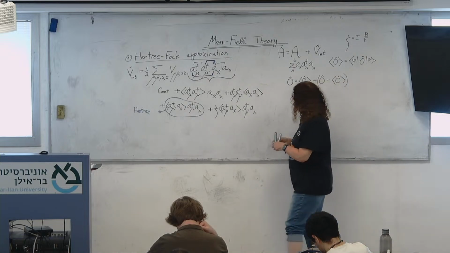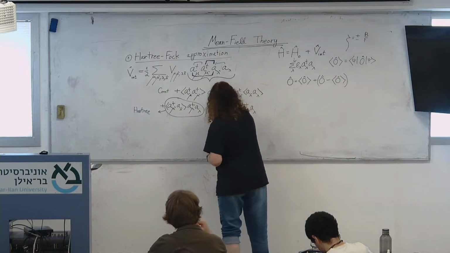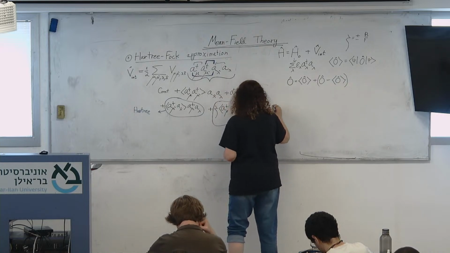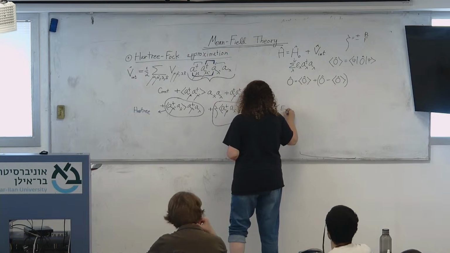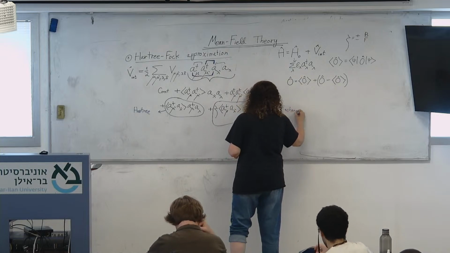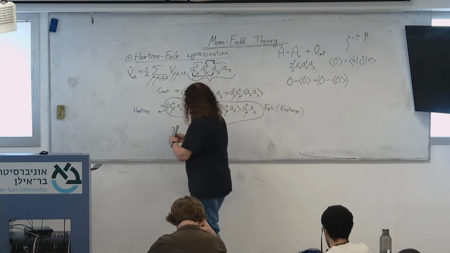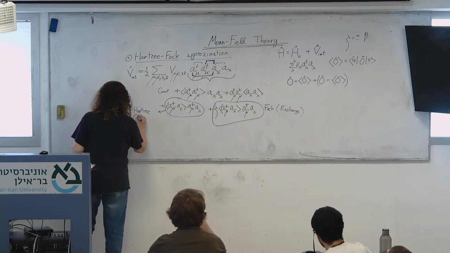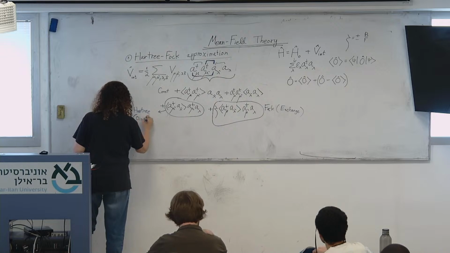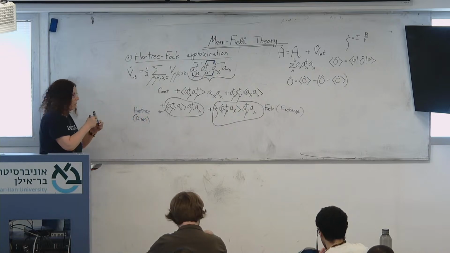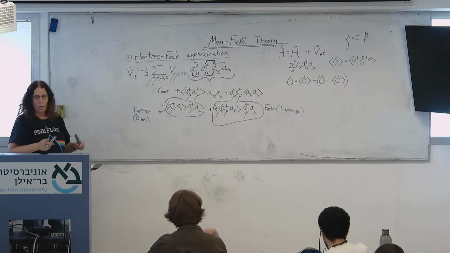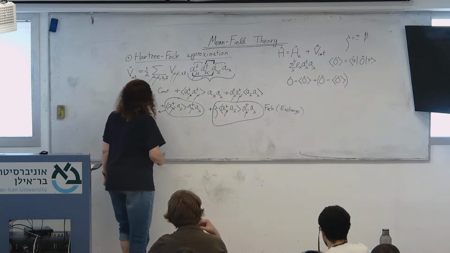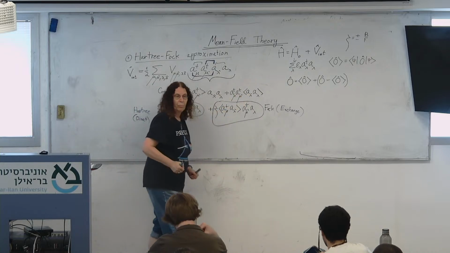And this second term is called Fock or exchange. Whereas the R3 is also called direct.